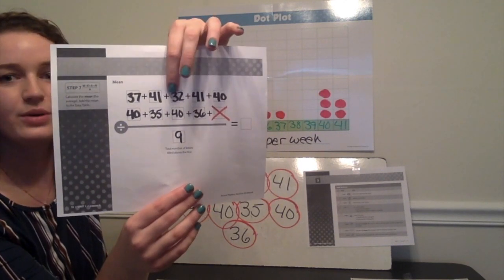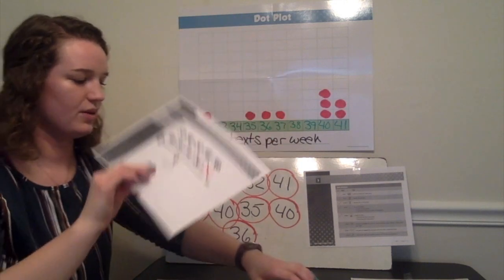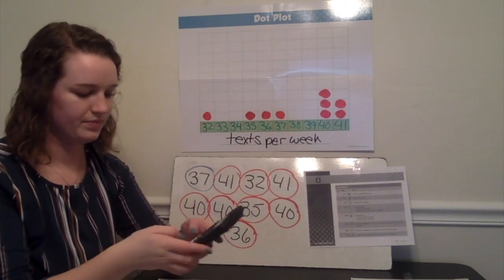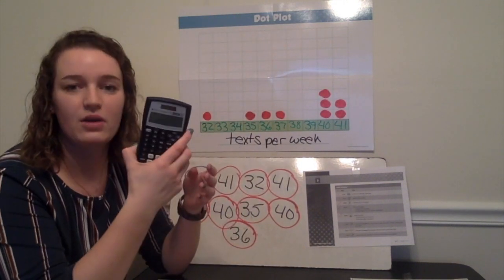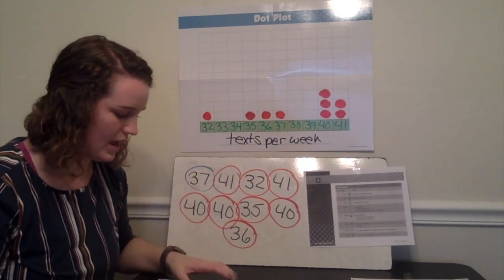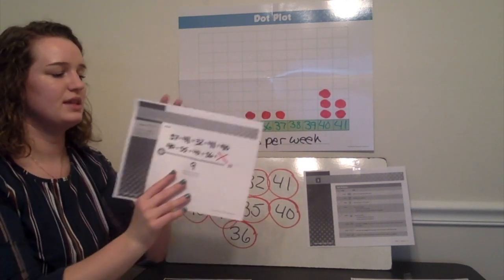Okay? So now we're going to need our calculator. So go ahead and pull your calculator out. Everybody should have a calculator. And now we're going to add all of these together first.